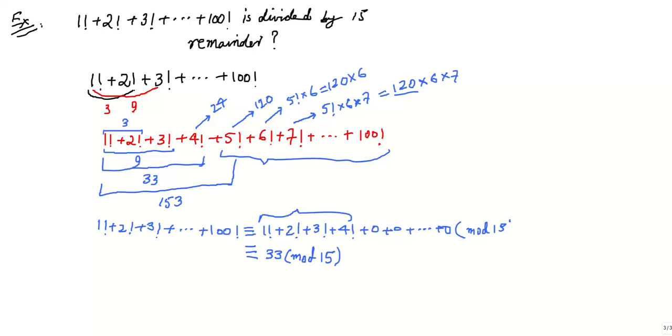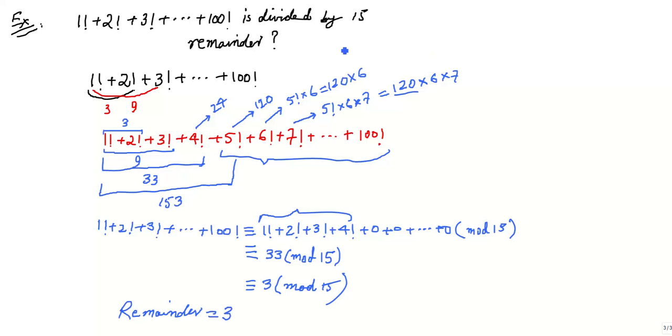Whenever 33 is divided by 15, the remainder we will get is 3. So, the remainder is 3.